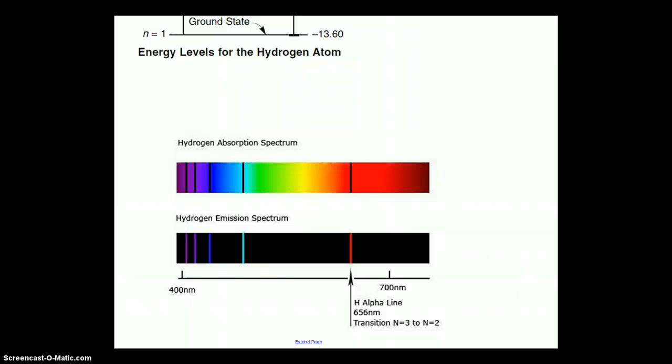In the hydrogen emission spectrum, it's totally black except for the four spectral lines that we see for the hydrogen atom. So this will conclude our notes on the Bohr model of the atom. We'll have much more practice with this in the problems that you do in the problem set.